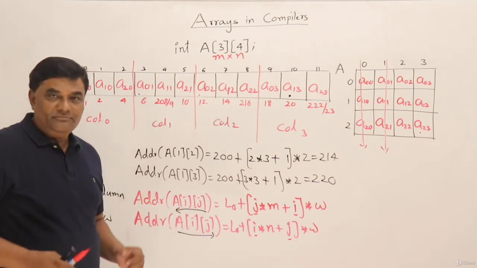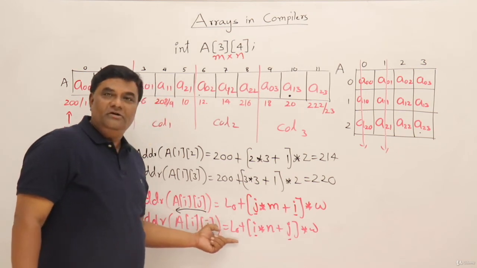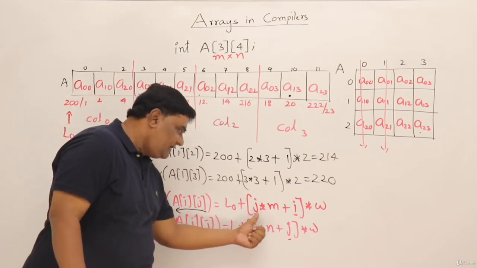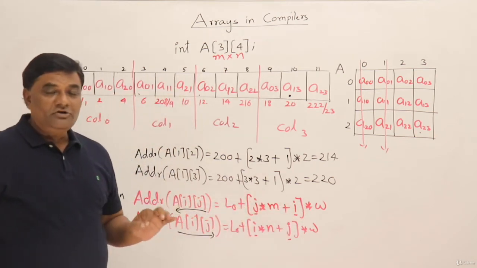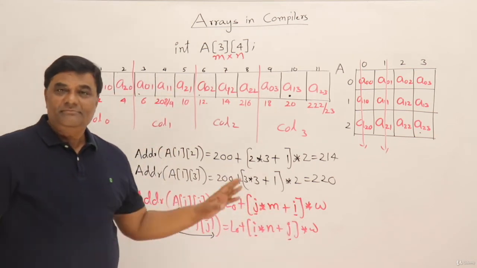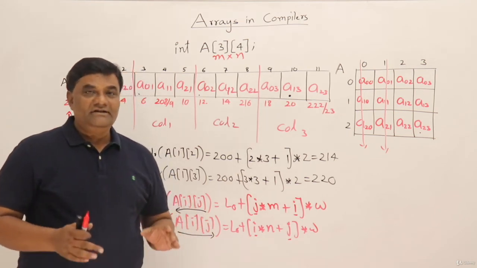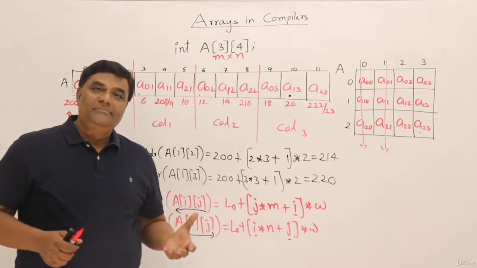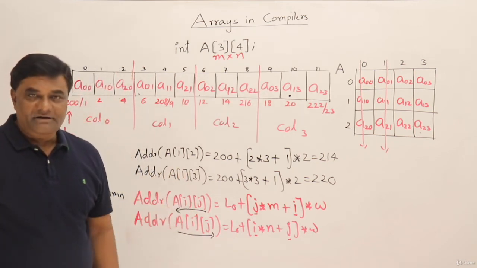Now let us observe one more thing here. See, these 2 formulas, how many operations are they having? Plus, plus, multiply, multiply, plus, plus, multiply, multiply. So both formulas have the same number of operations. So in terms of time, both are equally efficient. So a compiler may follow row major mapping, or it may follow column major mapping.